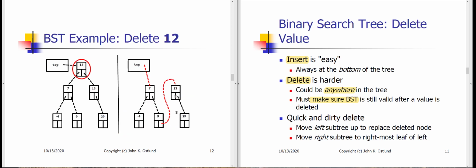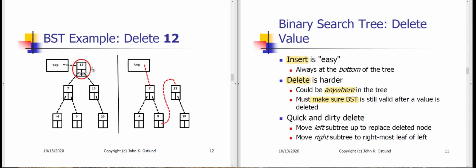Okay. So here on slide 12, I have a copy of that binary search tree that we looked at just a few pages ago. I've squeezed it to the left so that we can see what happens after we do a delete. Let's suppose that we ask to delete the 12 from our binary search tree.